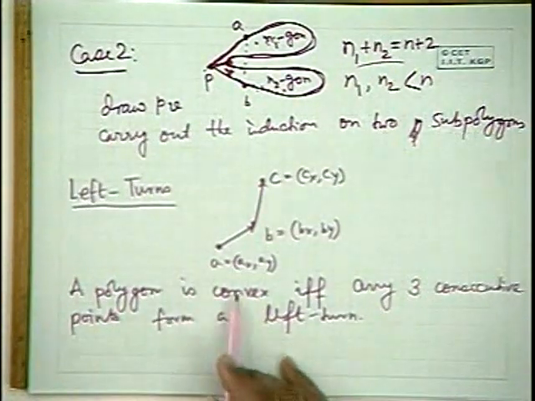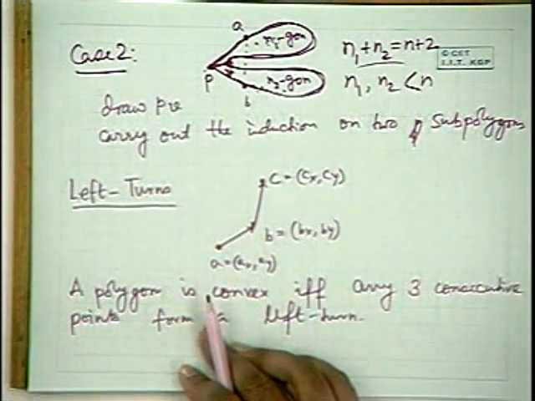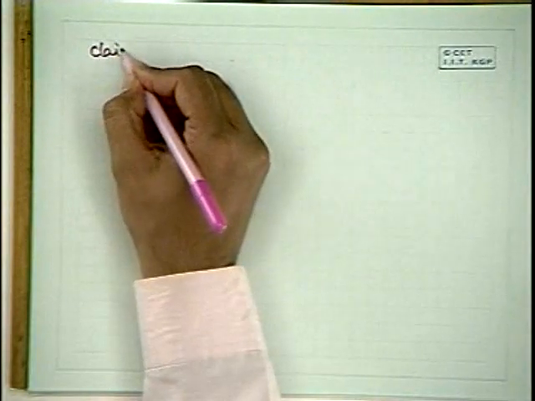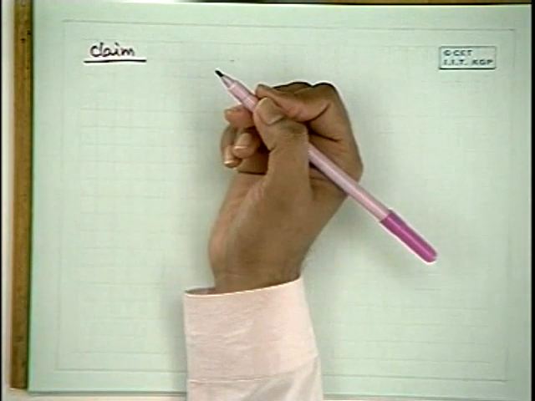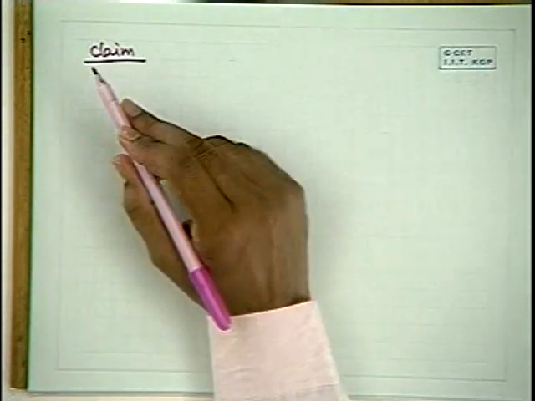Now, given this fact, how can we decide from the coordinates of the 3 points A, B, C whether they will make a left turn or not? There is a very easy formula. Here is a claim. I will not prove this claim, I leave it to you, but it should be quite easy. If you manipulate this formula algebraically, you will find why it is true.